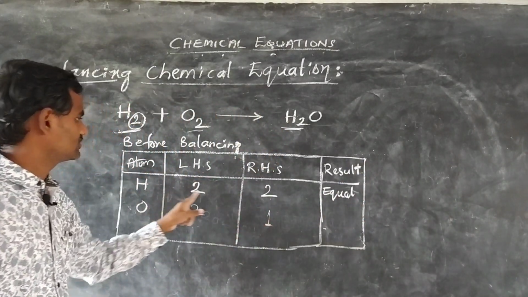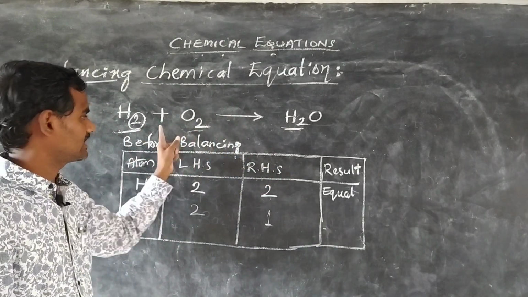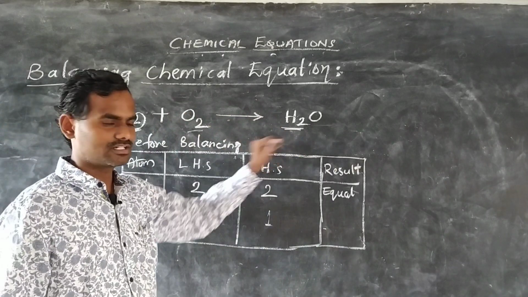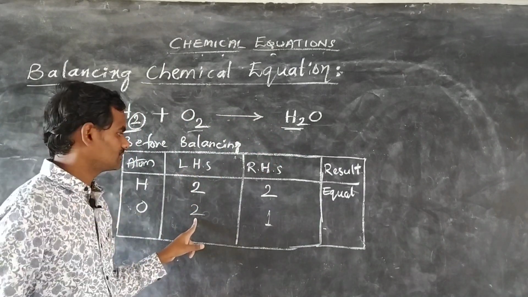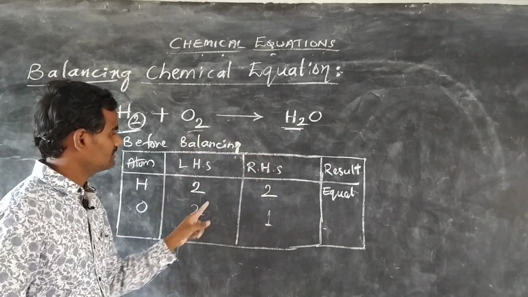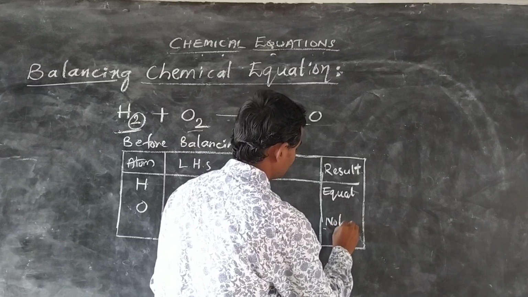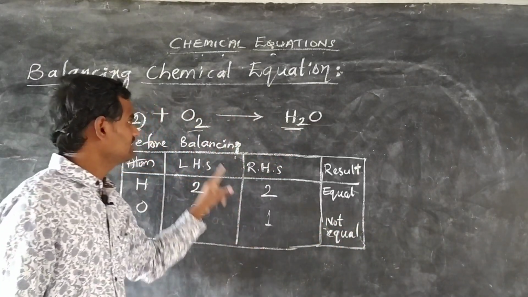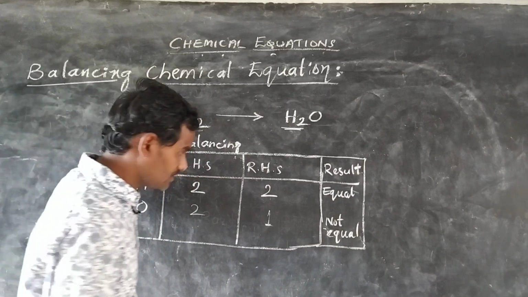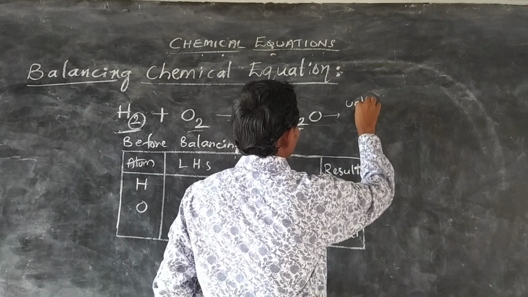So hydrogen atoms are equal on both sides, reactant side equal to product side. Coming to oxygen, on the reactant side there are 2 oxygen atoms and on the right hand side only one. It means it is not equal, so the equation is not balanced, or unbalanced.